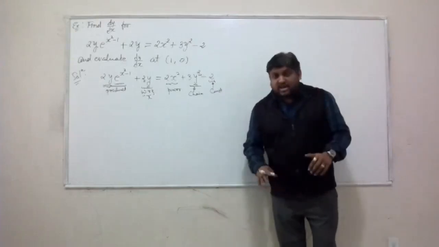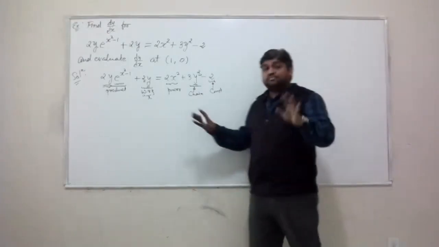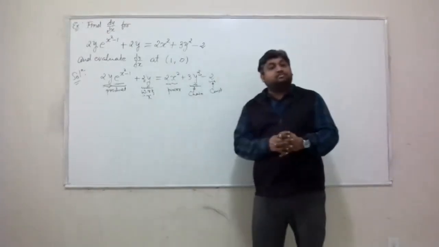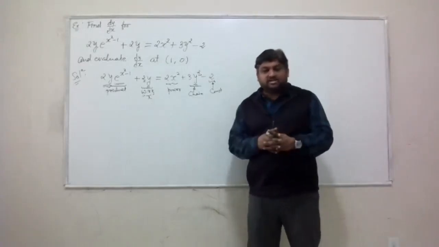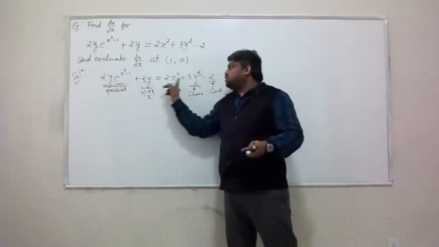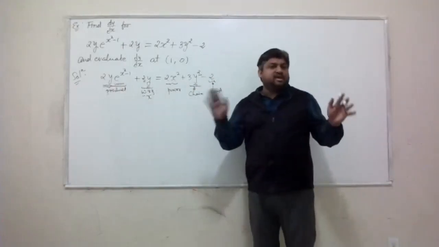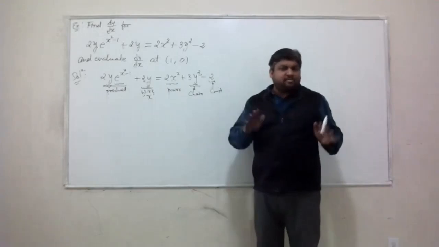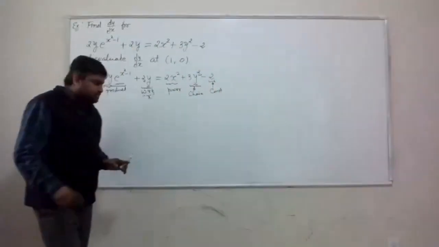I strongly encourage you guys to use dy by dx notation instead of prime notation, right? Prime notation has its own advantages. Here, because there are too many expressions involving y, I would not really use y prime to represent the derivative. So instead I'll use d by dx notation.